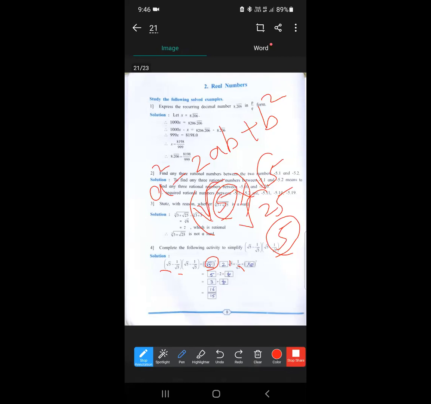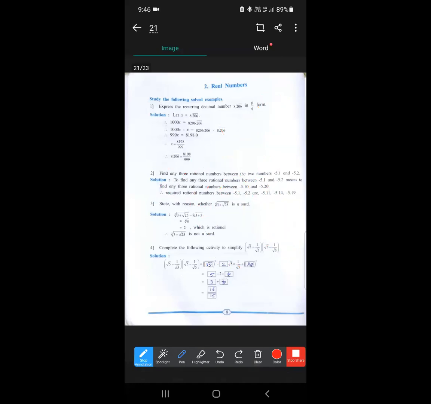Now 3 plus 1 upon 5. Directly you cannot add. You need to make the denominator the same.